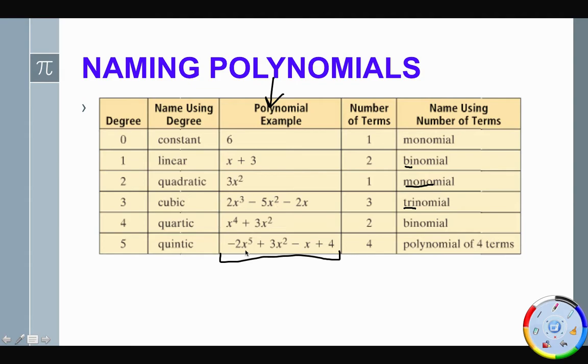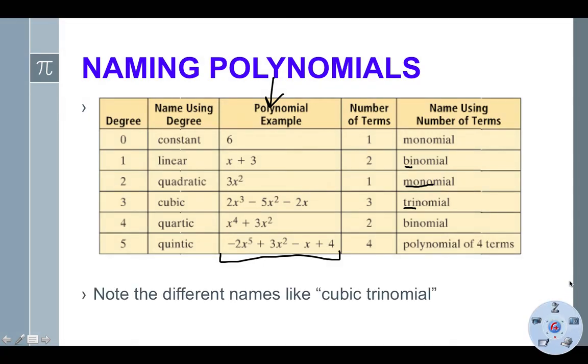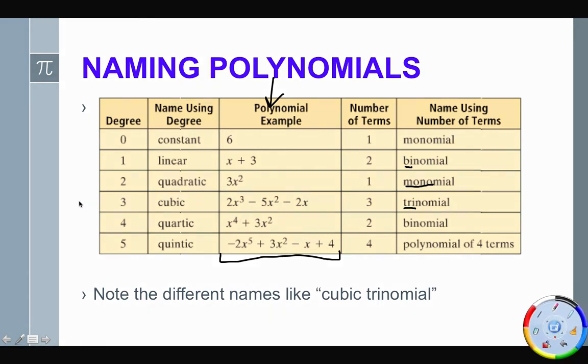So if I have something with more than 3 terms, we just simply call it a polynomial with 4 terms or 5 terms or 6 terms, however many there are in that polynomial. So you could call the 4th one here a cubic trinomial as a full name for this polynomial.